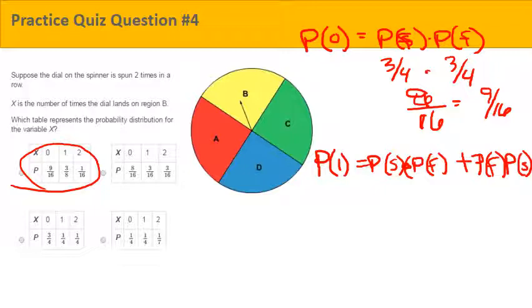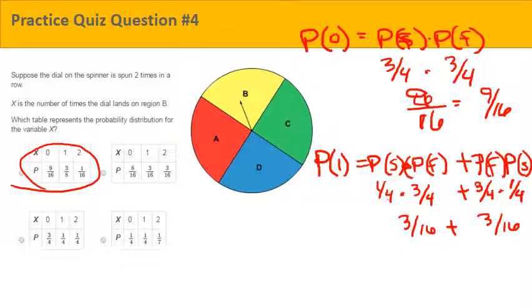So you add up those two probabilities. So that means you would take the 1/4 times 3/4 plus the 3/4 times 1/4. So that means we have 3/16 plus 3/16, which is going to be 6/16, which reduces to 3/8.